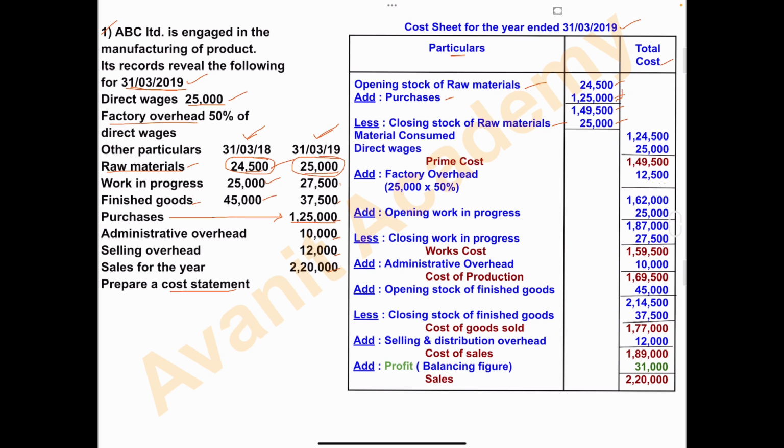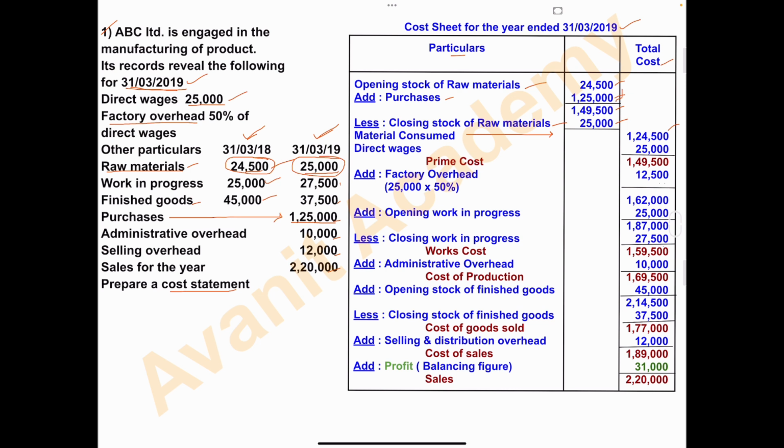Now from 1,49,500 minus 25,000, you will get 1,24,500. Write it in the total cost column. This is the final amount, 1,24,500. To this amount, write material consumed. Material consumed is 1,24,500. Got it, all of you?